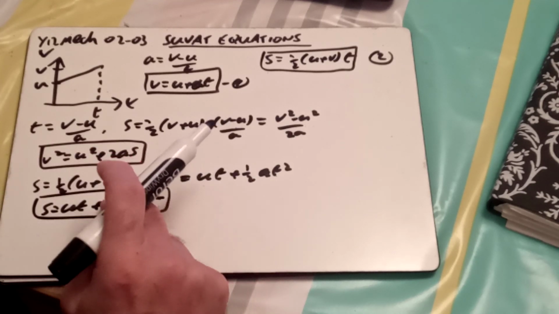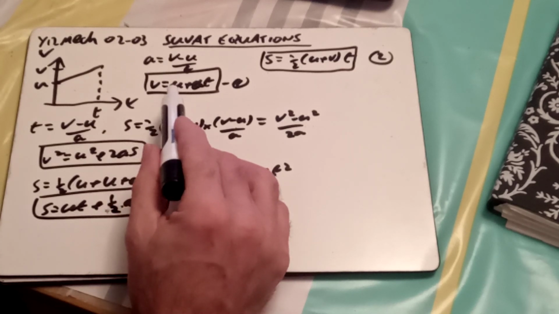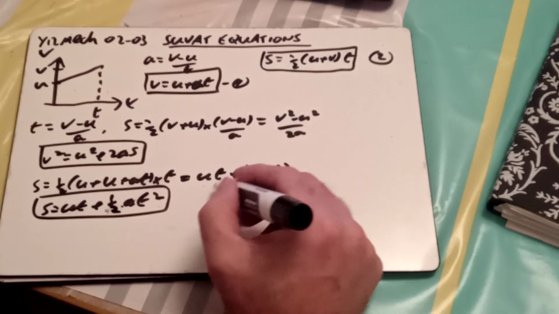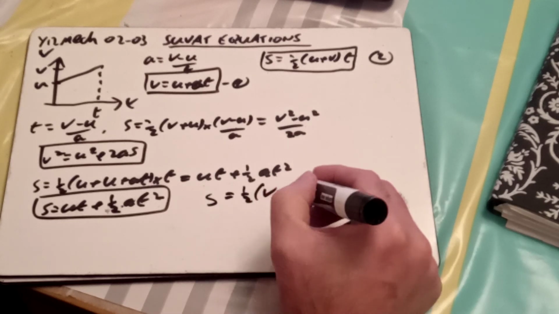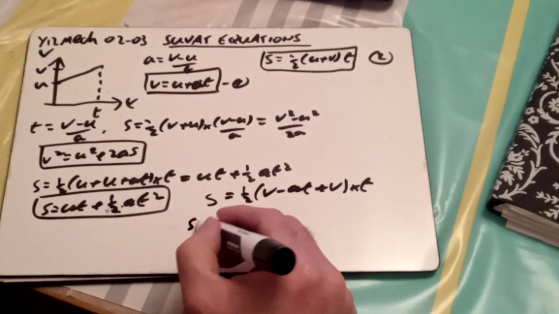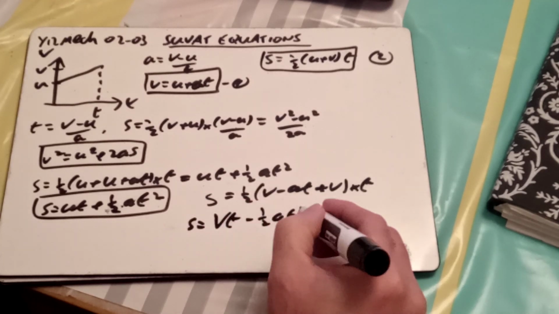I can also do the one without u by rewriting that as u equals v minus at and subbing that into equation 2 as well, to get s equals a half bracket v minus at plus v, times by t, to get s equals vt minus a half at squared.